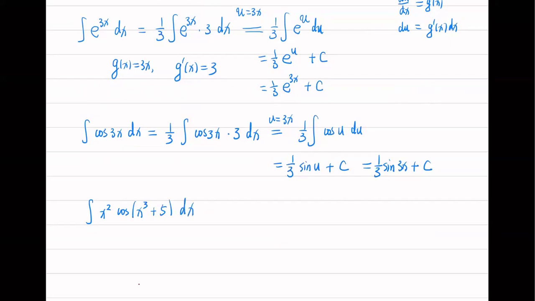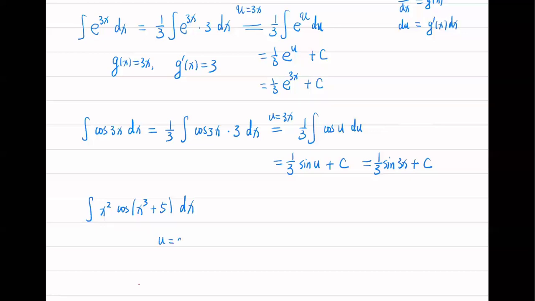Okay, what is the g of x? Sophia, what would you pick? How to make this function appear simpler?